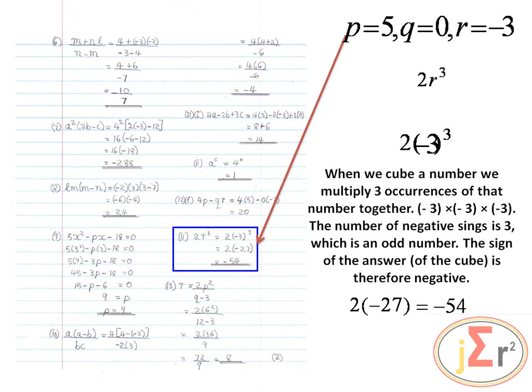And I am sure that as soon as the candidate sees this problem, they think, I know how to cube already, 2 times 27 is equal to 54, and that's all there is to it, neglecting the fact that when we cube, we are not squaring. When we cube, the answer will take the same sign as the number that we cube. And therefore we have -27 times 2 is -54.